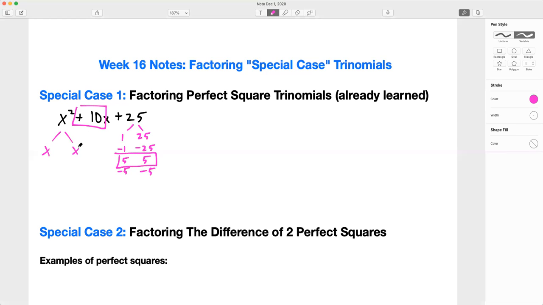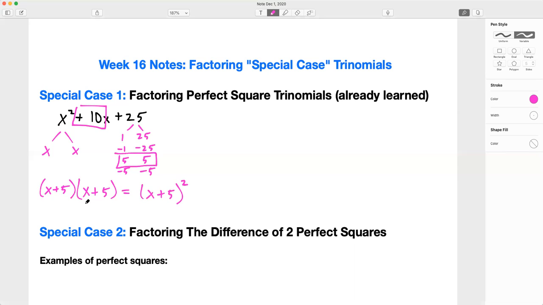When we split x squared into factors, we get x and x, so when we write our answer, we're going to get x plus 5 times x plus 5. Now, another way that I've actually pointed out before that we can write this is x plus 5 quantity squared.